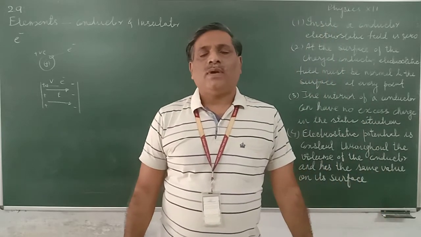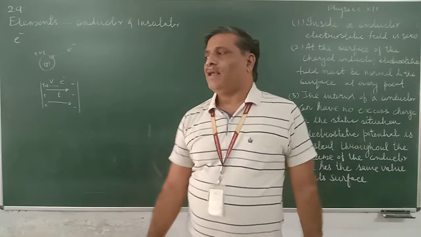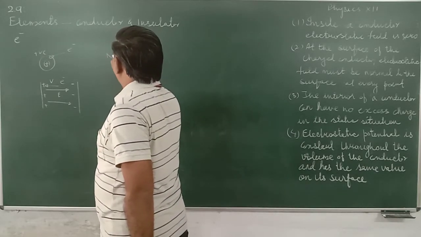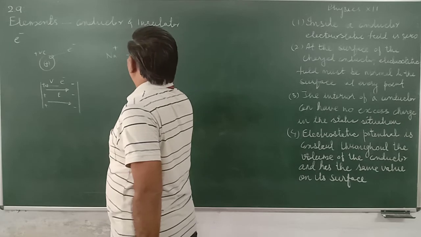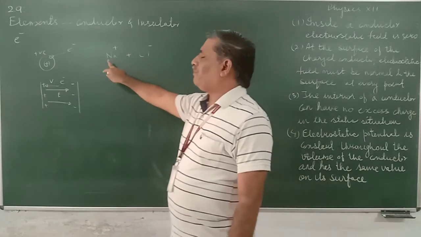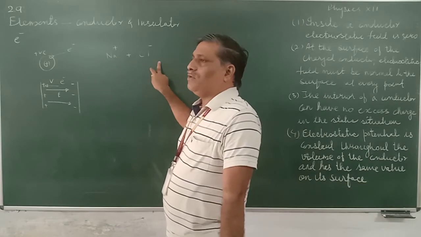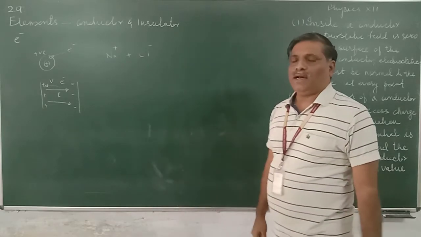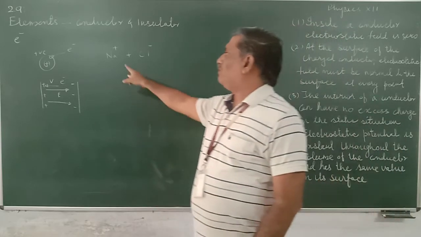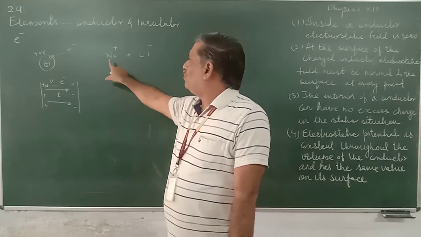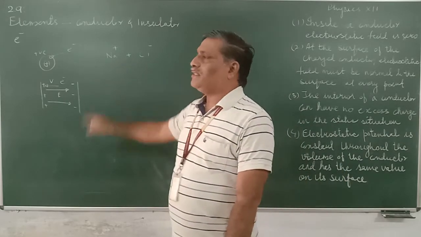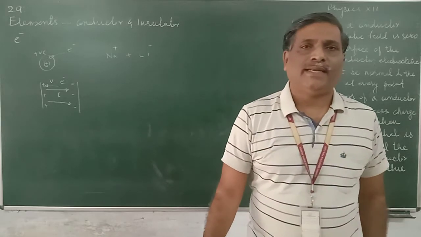In the case of electrolytic substances, both are charge carriers, positive Na and Cl minus, that is electrolytic. Here it is a positive sodium, here it is a negative chlorine, and both ions are charge carriers. In this case, current is due to these ions, and these ions drift because of the external electric field.